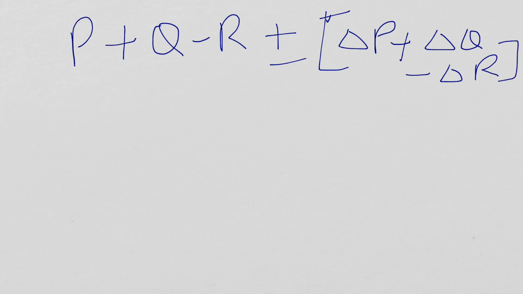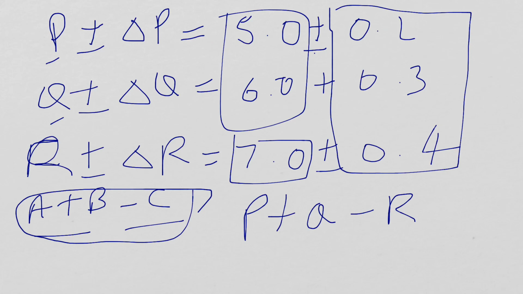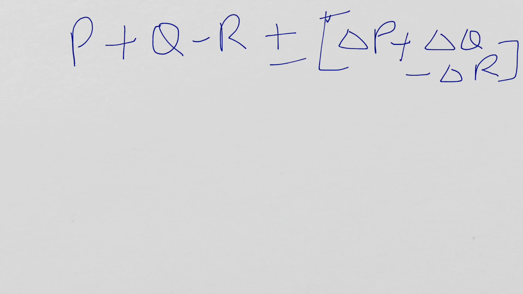Now substitute the values in this formula. 5 and 6 are for P and Q, and 7 is for R.